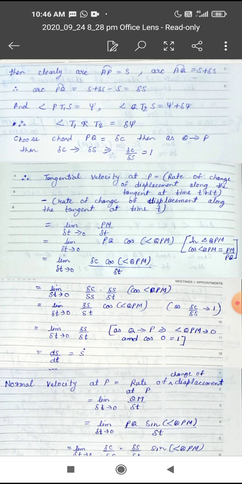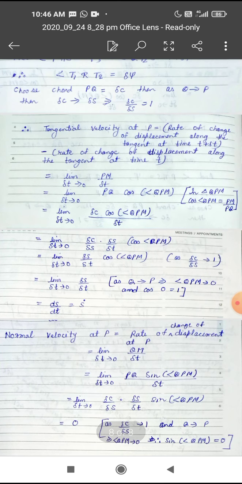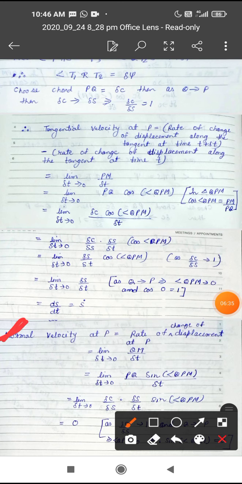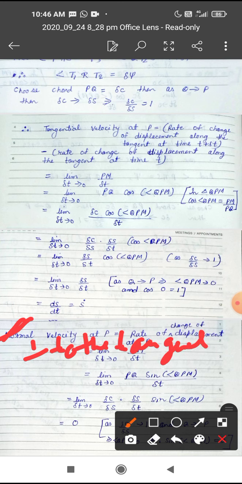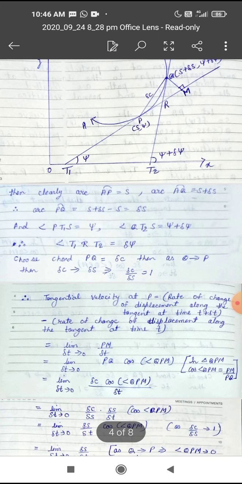Now come to the normal velocity. So normal velocity at P means the rate of change of displacement perpendicular to the tangent at P. So what is this?